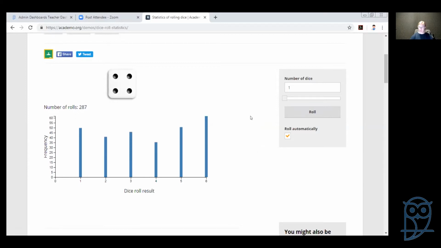So in statistics, we need to test something a bunch of times, or we need to have a bunch of different people that we test something on before we can say, oh, yes, it works. So I'm just going to stop that so that it doesn't take up everything.